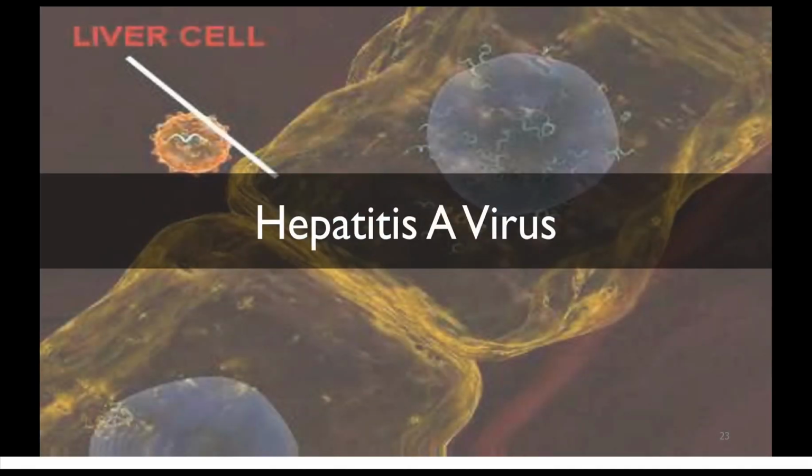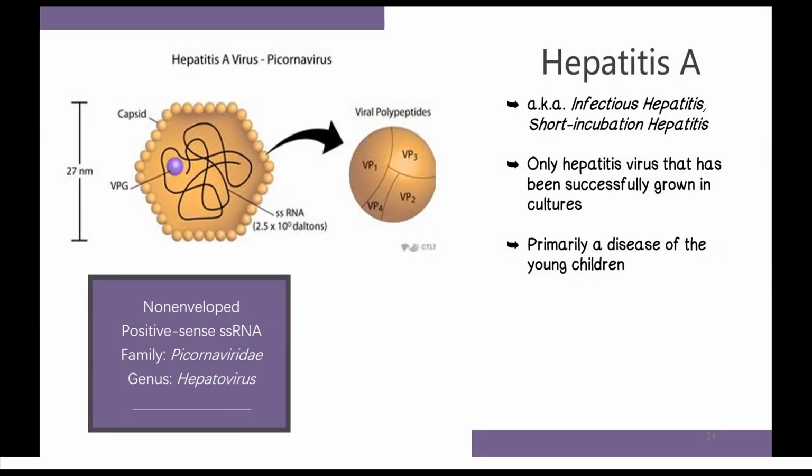So next is hepatitis A virus. Hepatitis A is also known as infectious hepatitis, and it is considered as the short incubation hepatitis because among the viral hepatitis, si hepatitis A ang may pinaka-short na incubation period. Hepatitis A is the only hepatitis virus that has been successfully grown in cultures, and it is primarily a disease of the children.